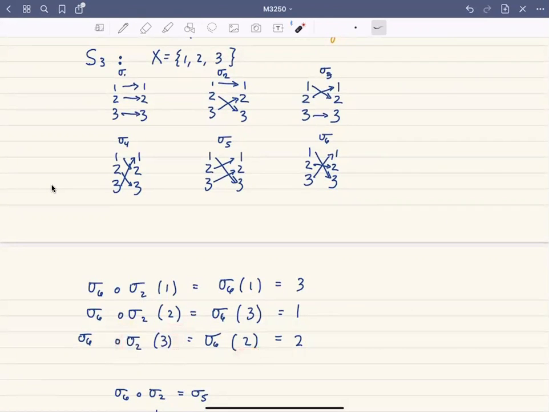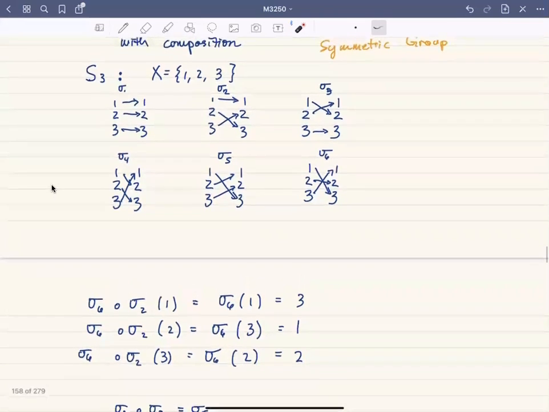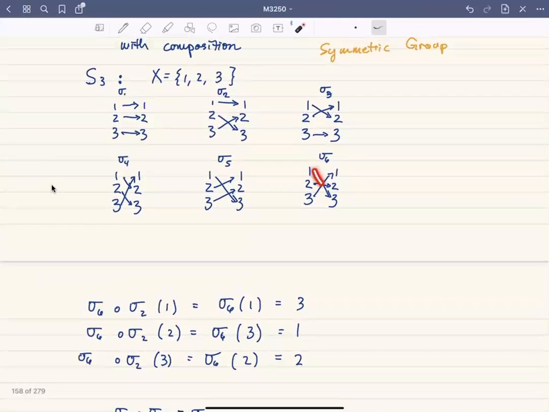And now you can forget about sigma 2 and think about what these inputs do for the function sigma 6. Well, sigma 6 of 1 is 3, so 1 gets mapped to 3, 3 gets mapped to 1, and 2 gets mapped to 2. So this leaves you with these outputs. A function that maps 1 to 3, 2 to 1, and 3 to 2 is nothing more than sigma 5.